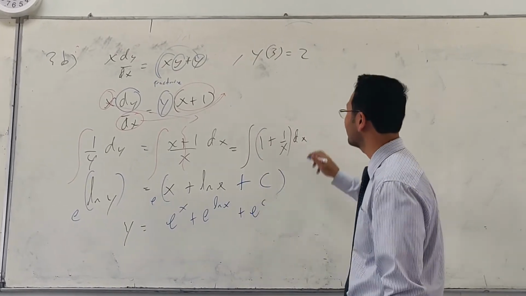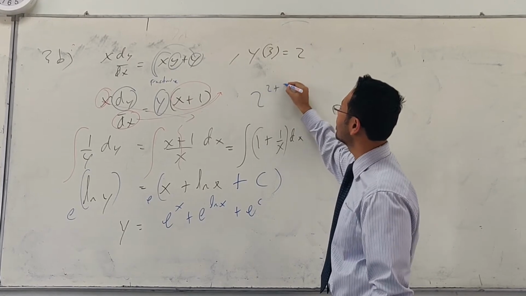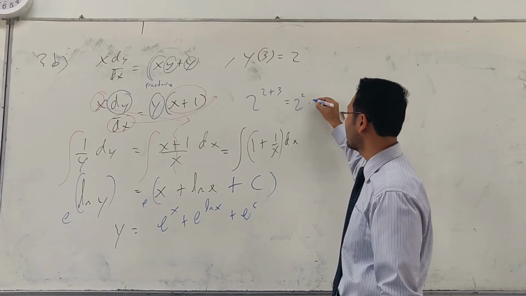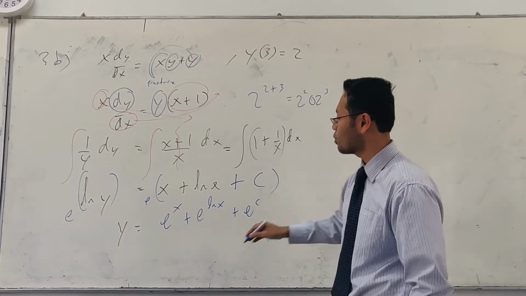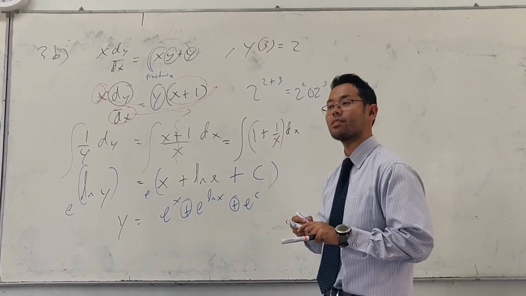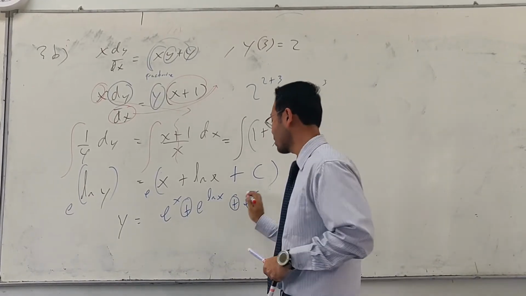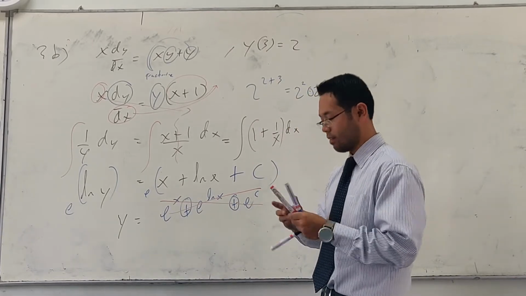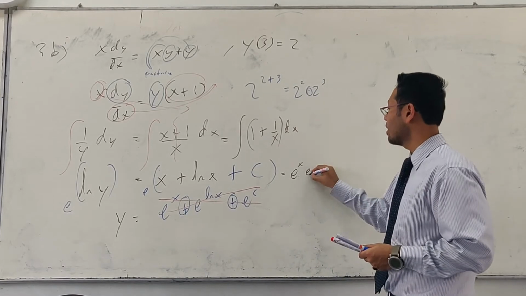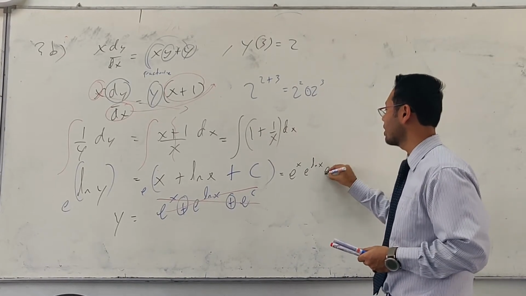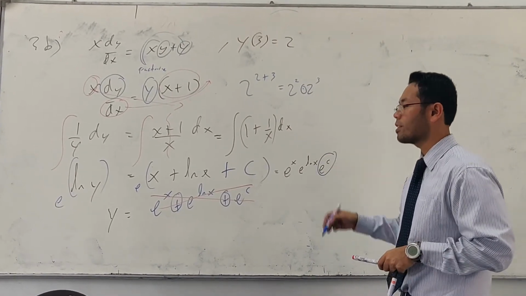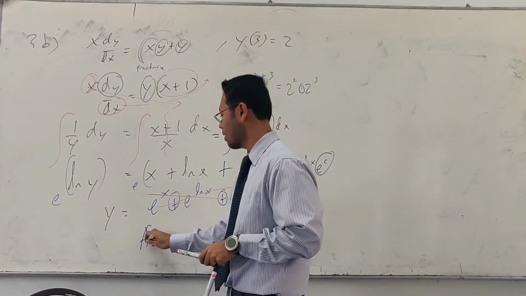If you got here, let's start with something like this. So I want to split it, what will I get? Here is times, here is plus. And here is a famous wrong answer. This one is wrong. What you get yourself is e to the ln x, e to the c. E to the c is a constant, a.